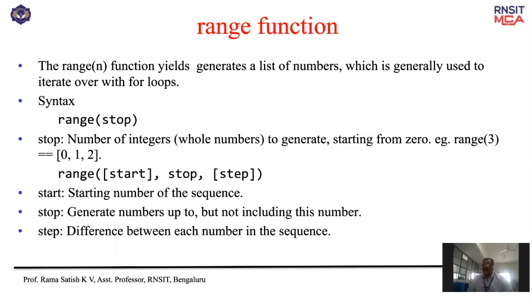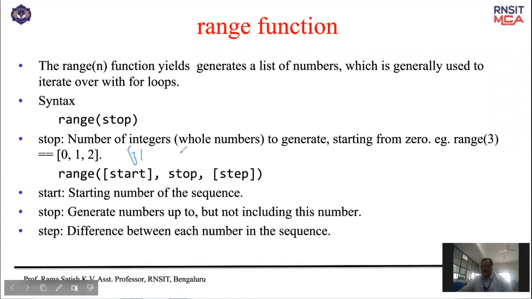I want two numbers to be skipped. From 61 to 81 I want to print. You can write 61 here inside this, and here ending is 81, and step is equal to 2.